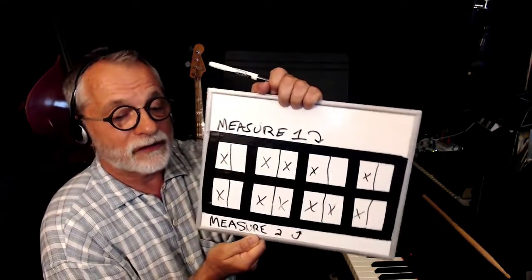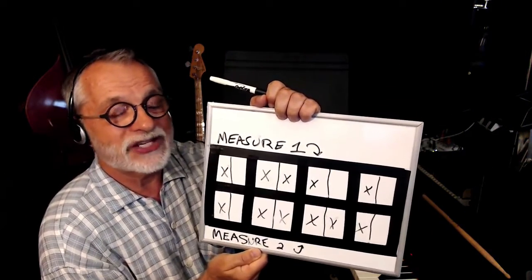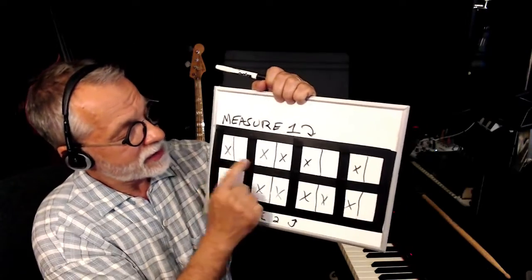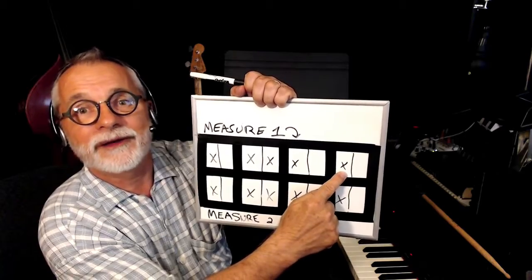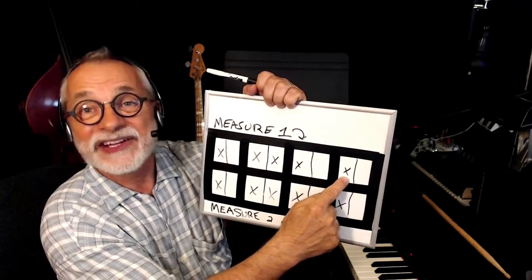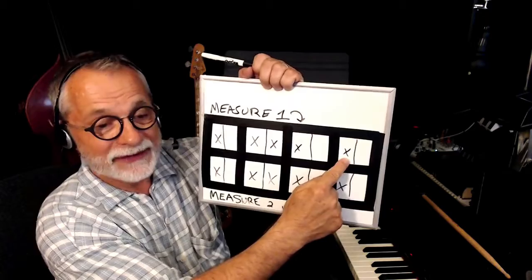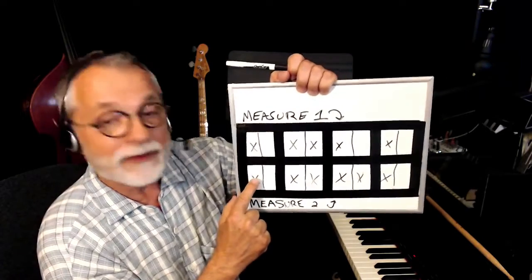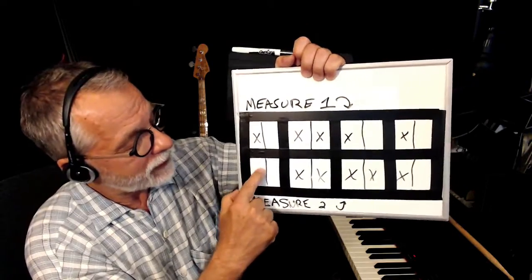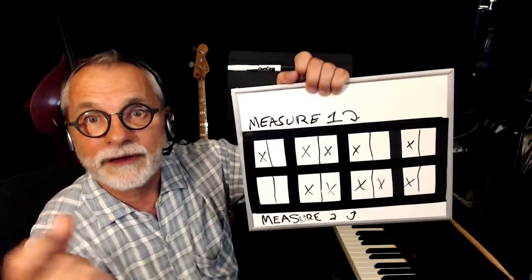We need to erase some notes to get that. So we first need to get shave and a haircut. Shave and a haircut. Looks like Go Tell Aunt Rhody and shave and a haircut has the same rhythm. So it must be in this second measure that we need to remove some notes. And what we're going to have to get rid of is this first beat. Shave and a haircut, rest, 2 bits.